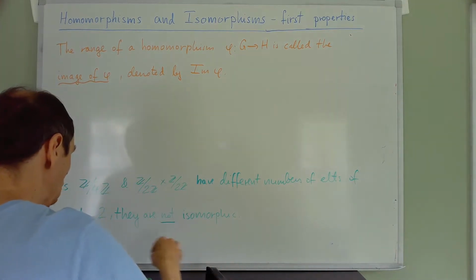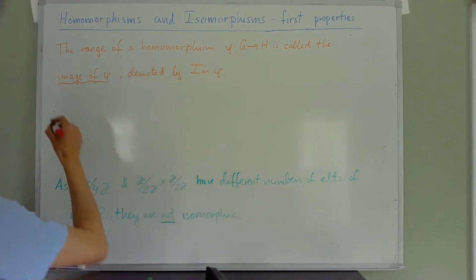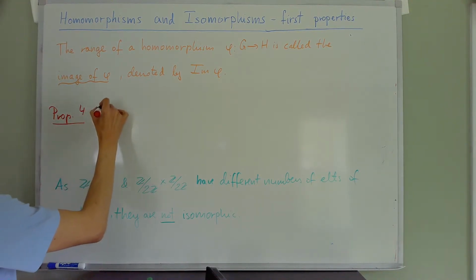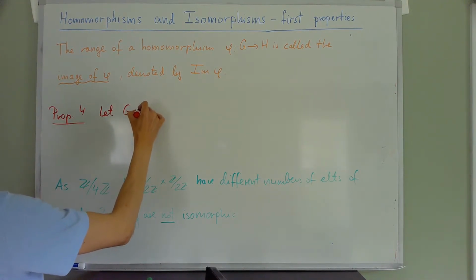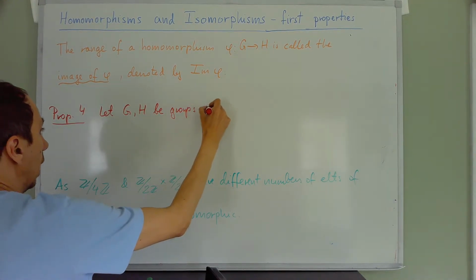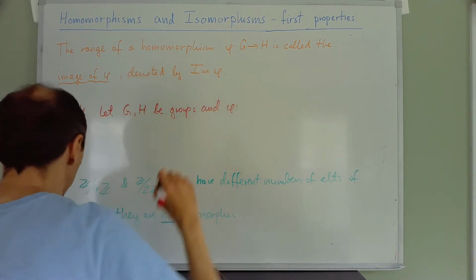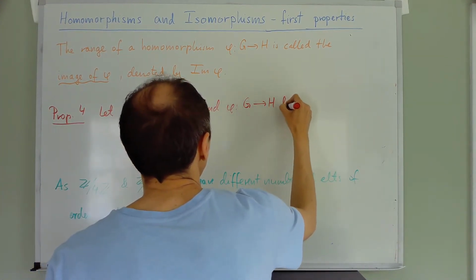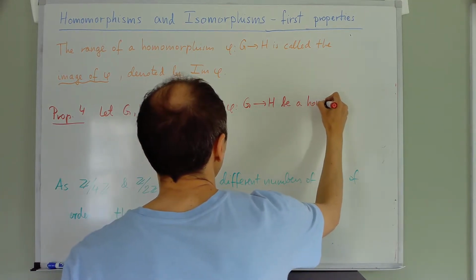And the proposition that I would like you to prove is the following. It's an easy proposition, proposition 4. Let G, H be groups, and phi from G to H be a homomorphism.